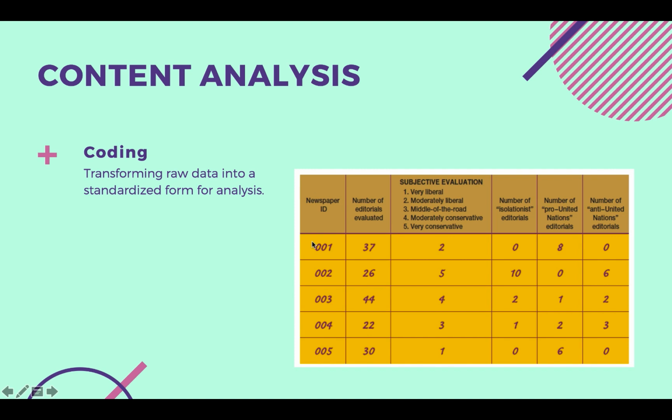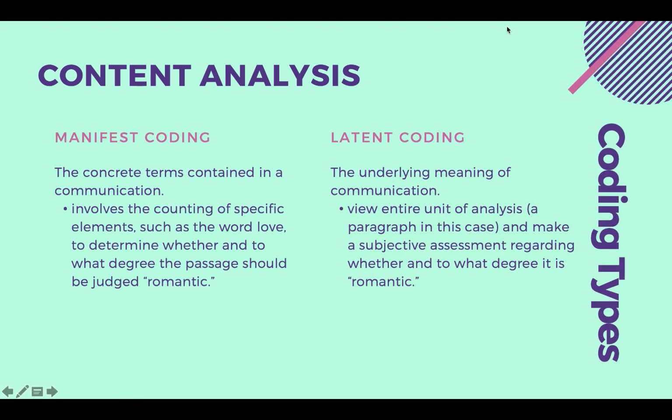So you could break it down even further and say newspaper 1, editorial 1, newspaper 1, editorial 2, newspaper 1, editorial 3, all the way through 37. And then give a subjective evaluation for each editorial, and then maybe calculate a mean score for all of newspaper 1. So across these 37, I get a mean score for newspaper 1 and do the same thing down. So that's another way.